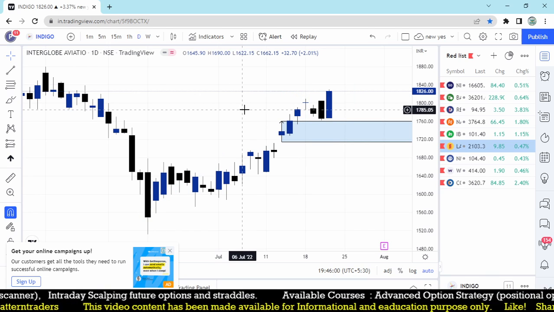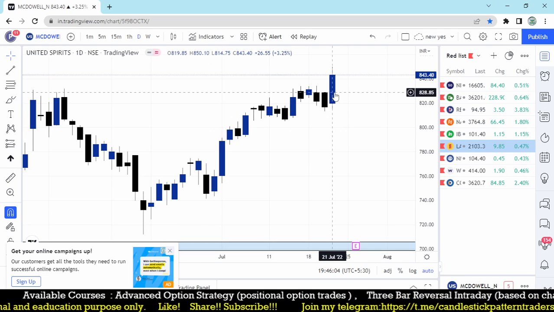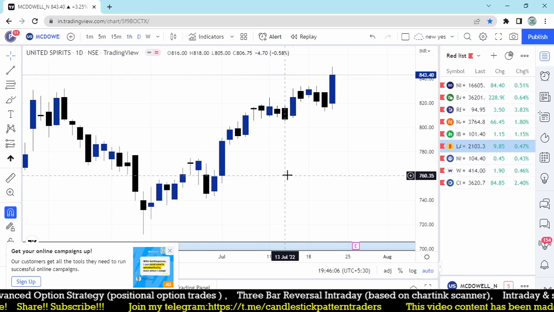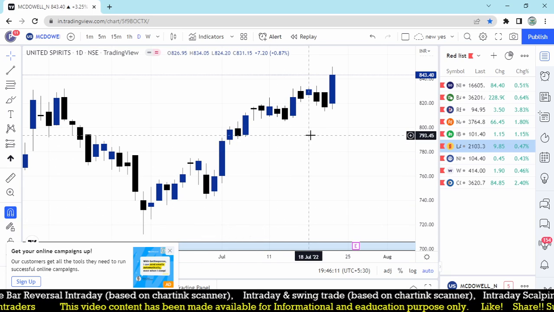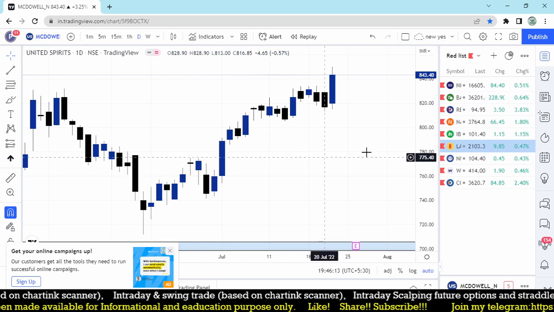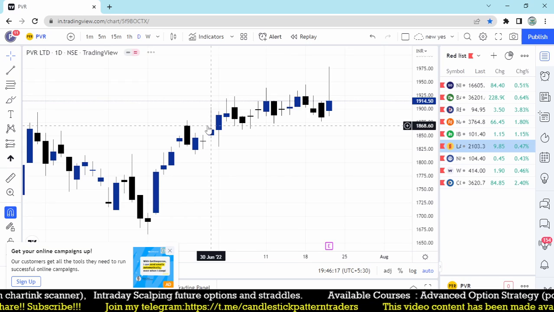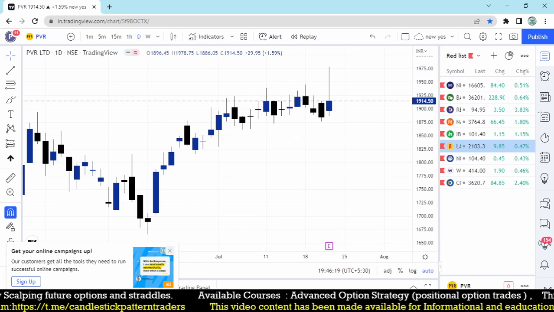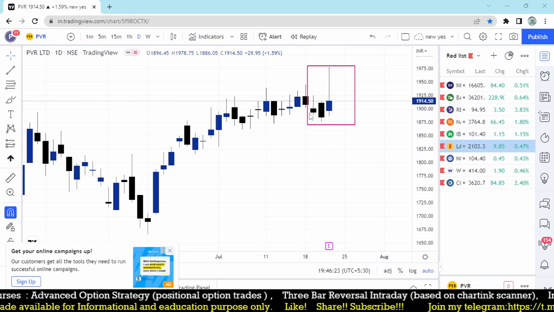And the second one is McDowell. This is also forming a 3-bar reversal, and this is also not happening at the lowest level. It is happening at the highest level. And finally PVR, that forms another 3-bar trend reversal. So I hope you understand what the 3-bar reversal is.